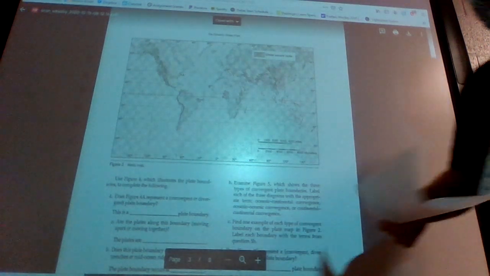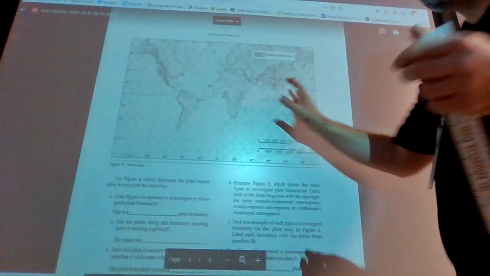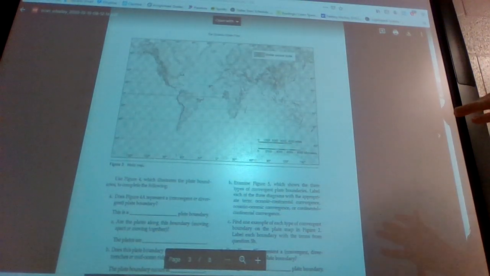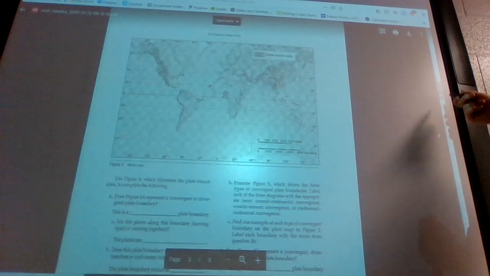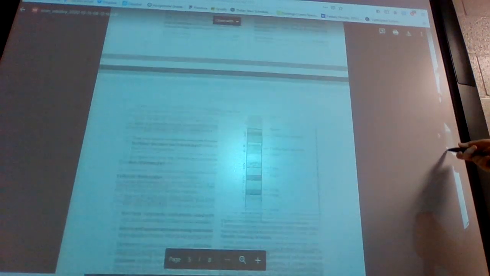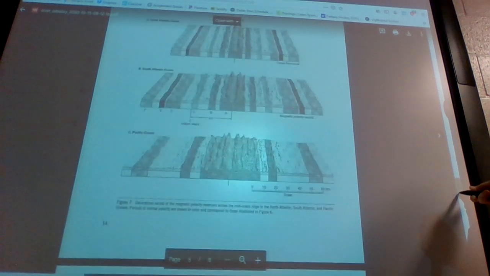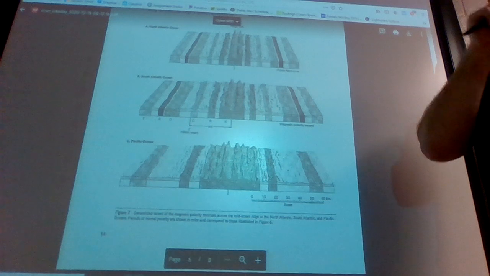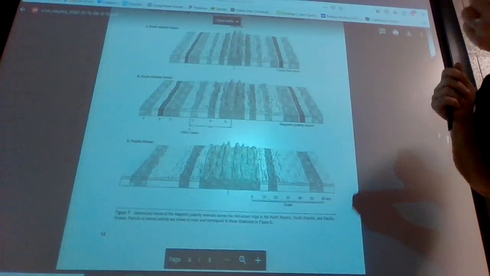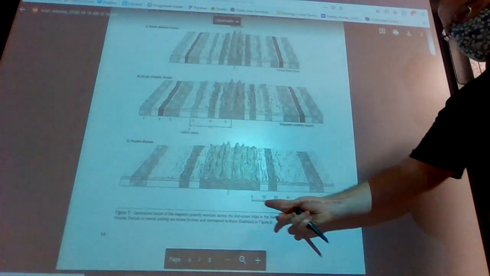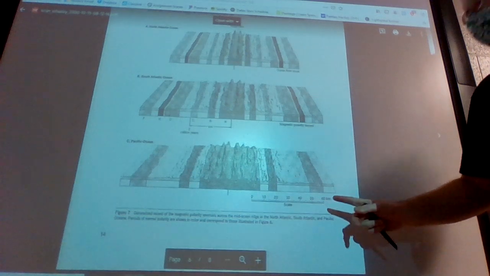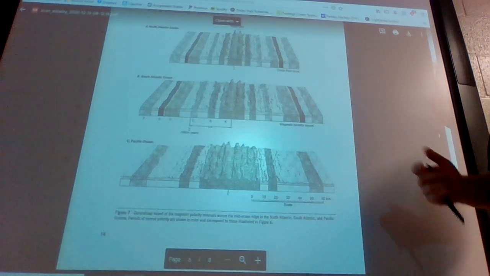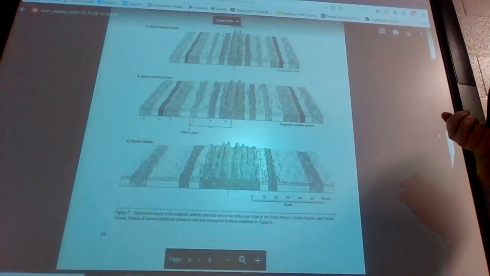They're going to ask you to do some measurements, whether it's on this map, which they do ask you to do later, or on one of the later maps further down, like this one right here. They're going to ask you to take those actual paper measurements and turn them into real life distances in miles and kilometers, more than likely kilometers, because miles is not really what we use here.